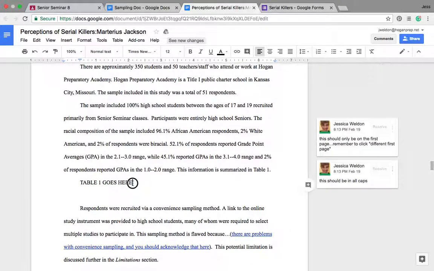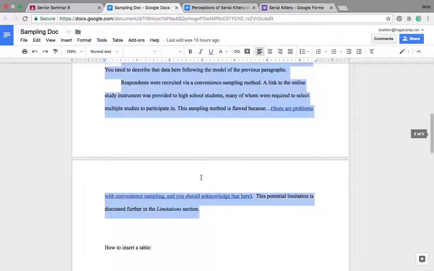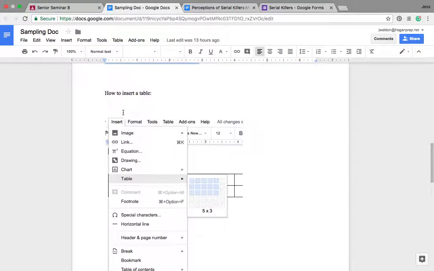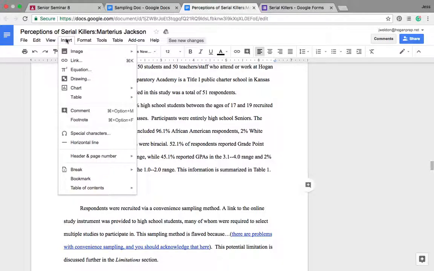Where it says table 1 goes here, highlight that whole thing. Then go up to the top and click on insert, and you're going to go to table. In the sampling doc, if you scroll down, there is a how-to guide for how to insert a table, so you don't have to watch this whole video again if you don't want to. But you're going to click on insert and click on table.